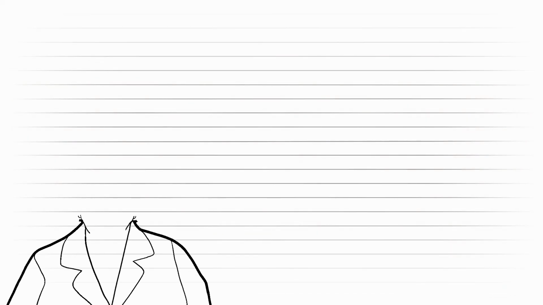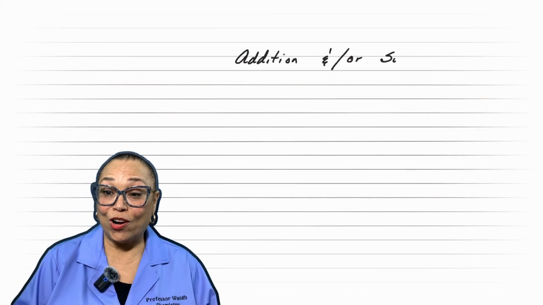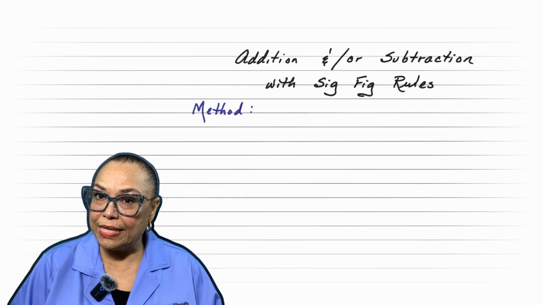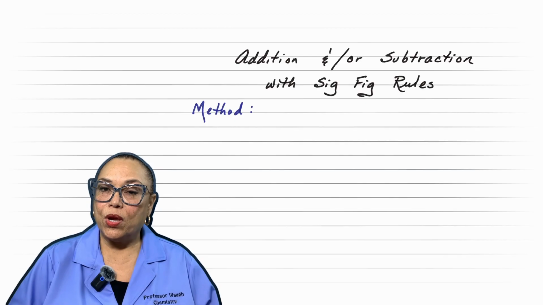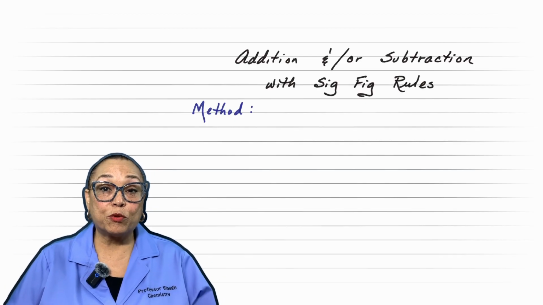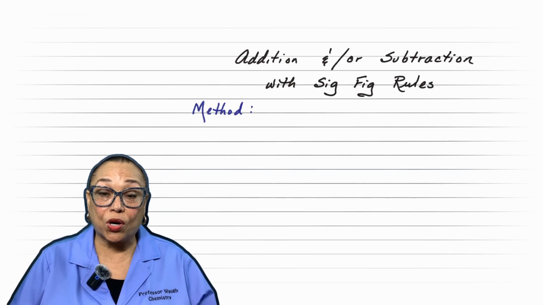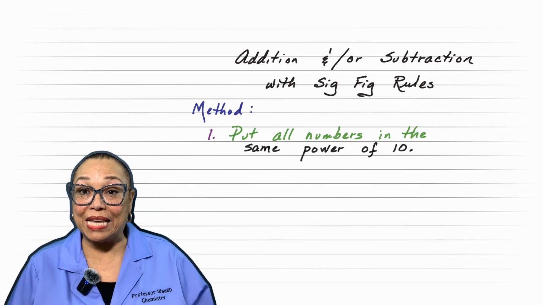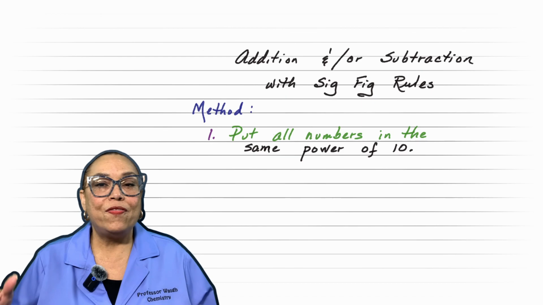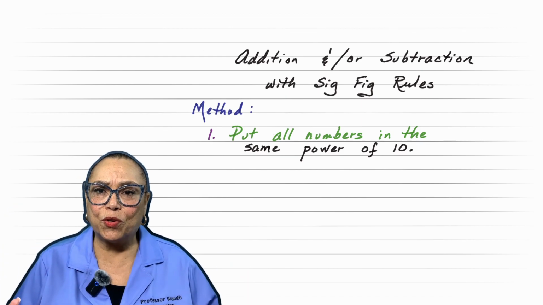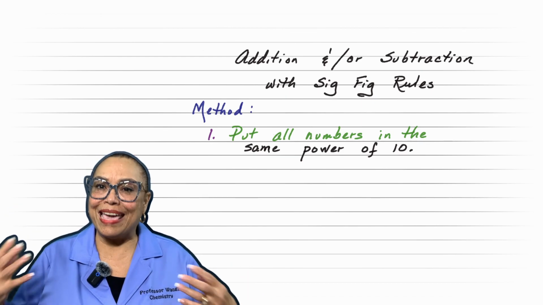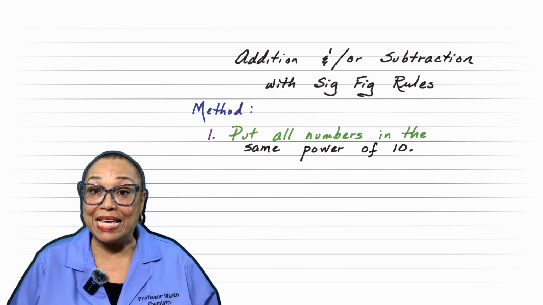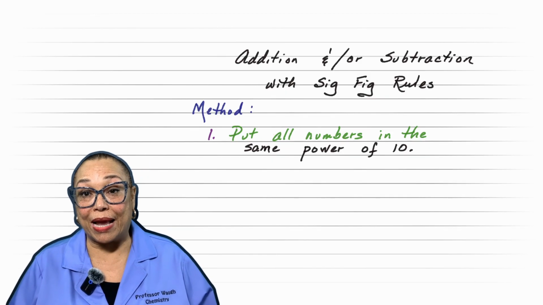Thanks. Addition and/or subtraction with the sig fig rules. The method is real easy, but you've got to remember, in order to do addition and subtraction, you must make sure that all numbers are in the same power of 10 first. This is all about precision of your numbers, and you cannot analyze your precision unless the numbers are in the same power of 10 when you're adding and subtracting.